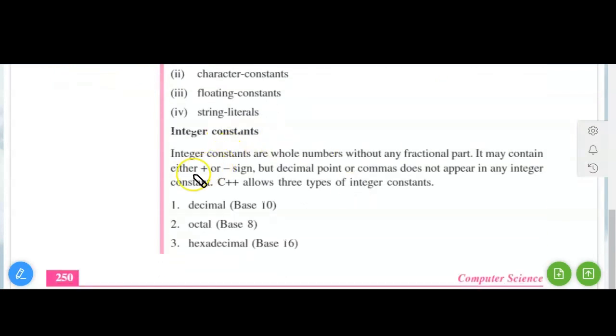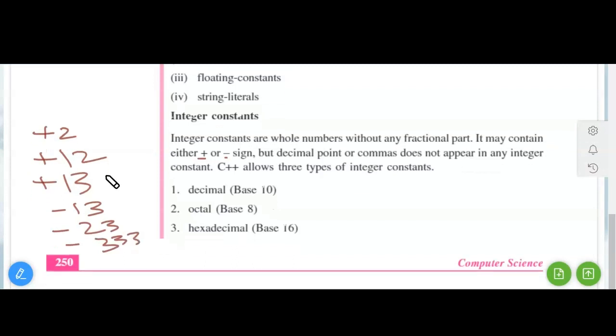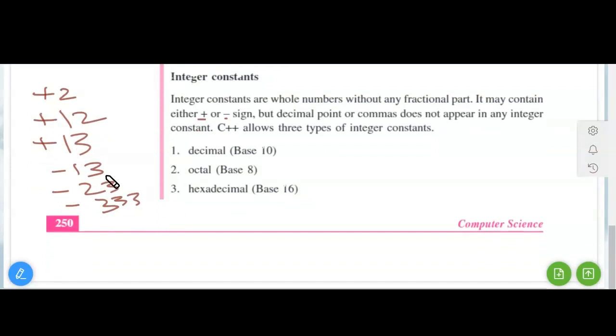Integer constant means either a positive or a negative value. Any positive or negative whole value is known as an integer. So it can take any integer value like these. These are integer values, or integer literals, or integer constants, you can say. They come in base 10, base 8, and base 16. The numbers with base 10 are known as decimal.